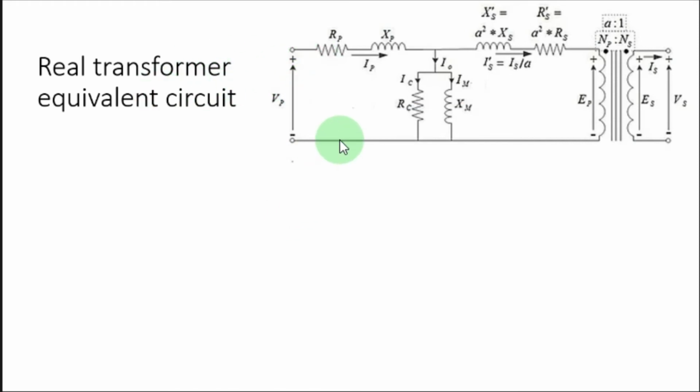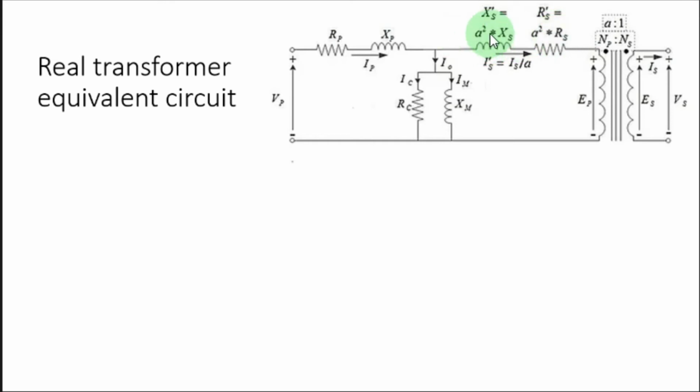So this is how it will look when you refer the secondary side impedances to the primary side, right? So XS dash means the secondary reactance referred to the primary side, which is actually A squared into XS. This is the winding resistance of the secondary coil referred to the primary side. RS dash is equal to A squared into RS.